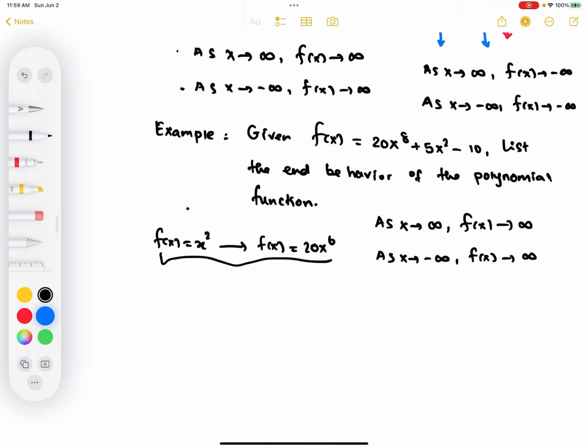If you are asked to sketch the graph, the end behavior is up on this side and up on this side, when x goes to positive infinity or negative infinity.